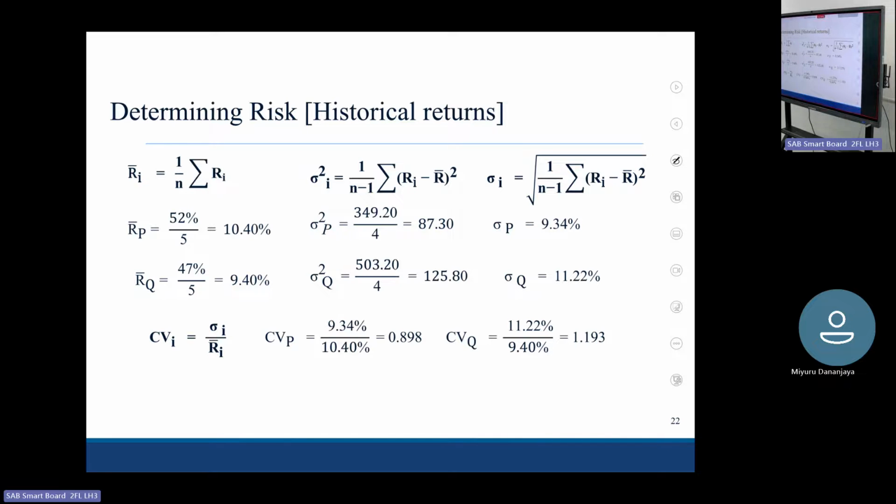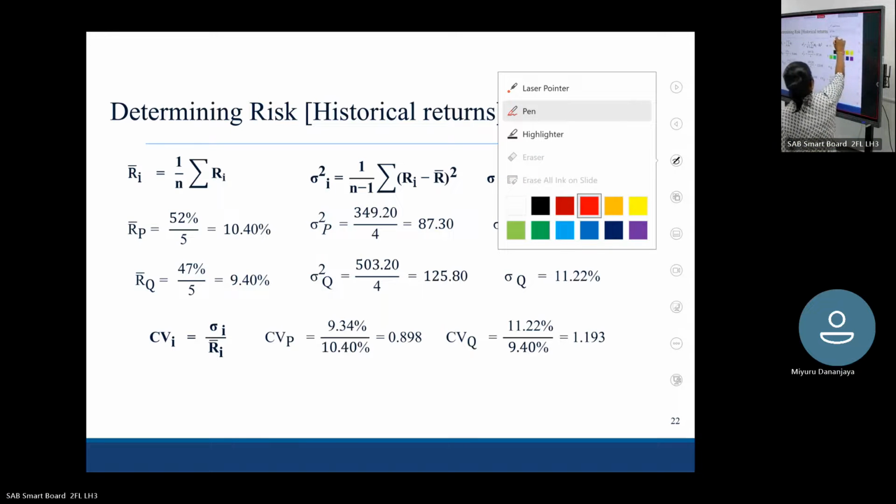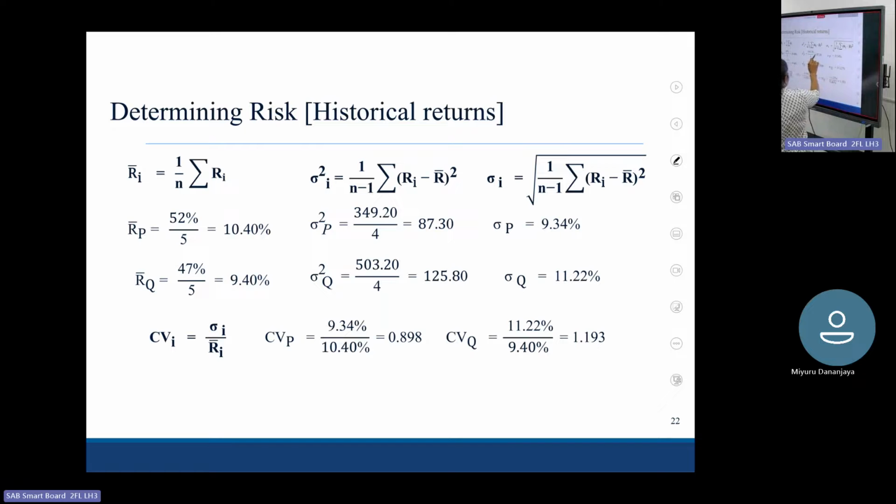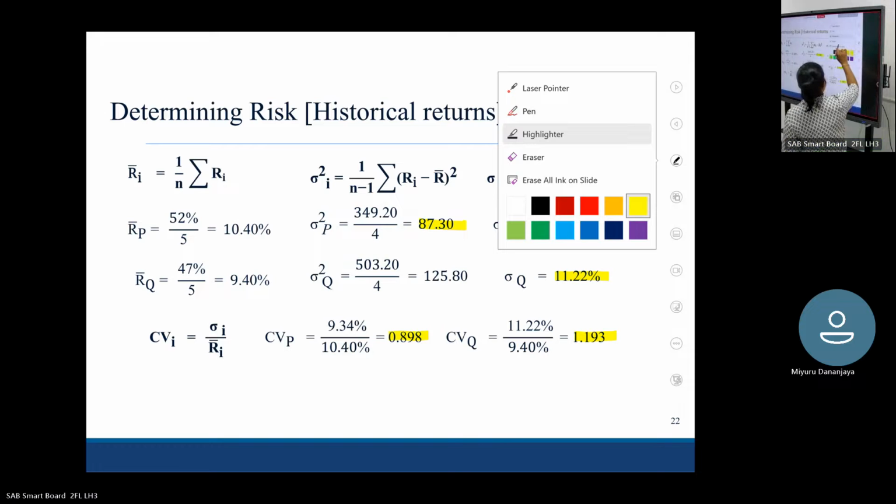Which is risky, P or Q? Now you can look at the numbers. This is the standard deviation of stock P, this is the standard deviation of stock Q, and this is the coefficient of variation for P and Q. Which one is risky?